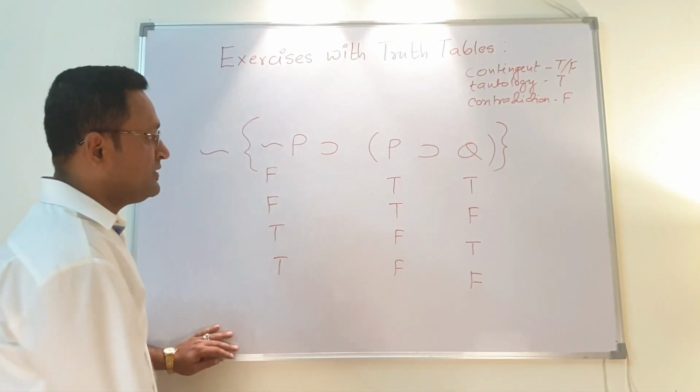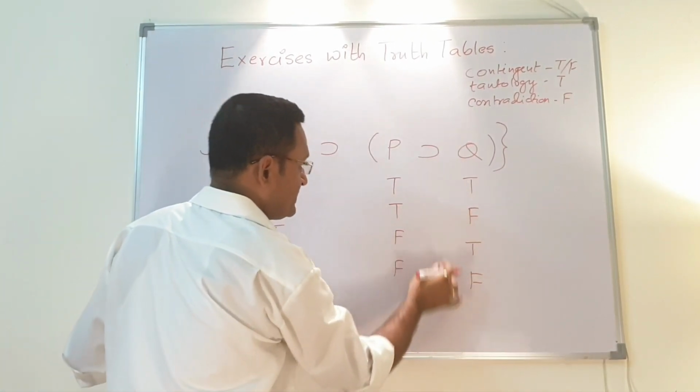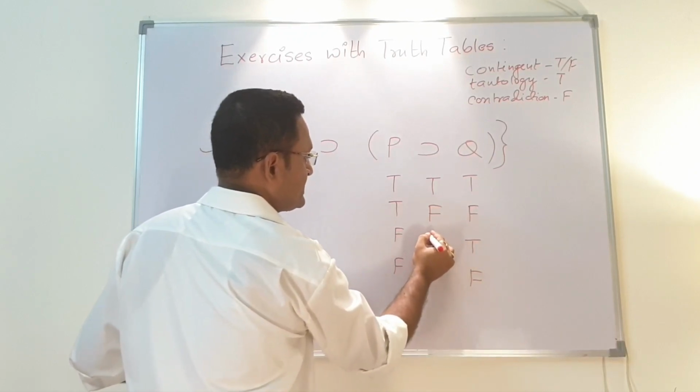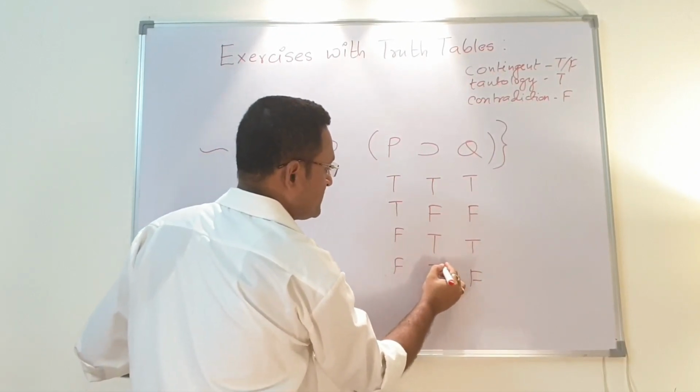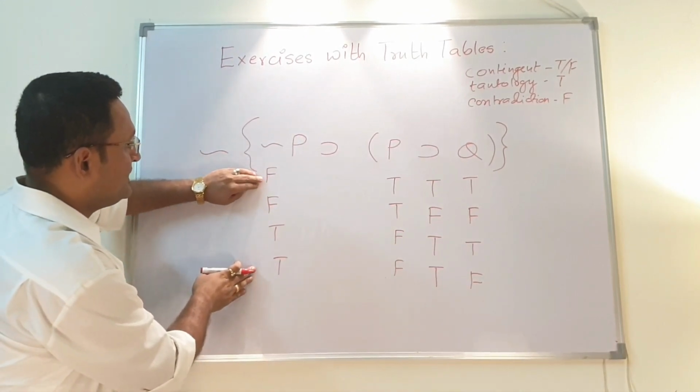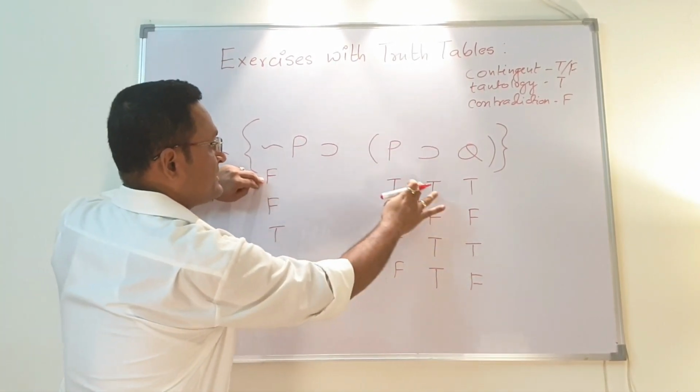Fine. So first let us calculate the value of this. So this is true, this is false, this is true, and this is also true. Fine. Now we have to find this implies this.